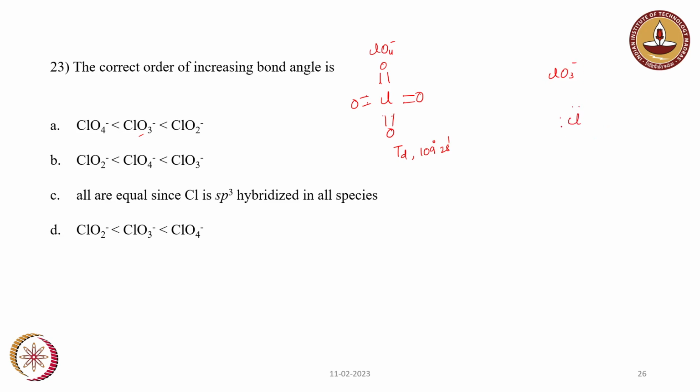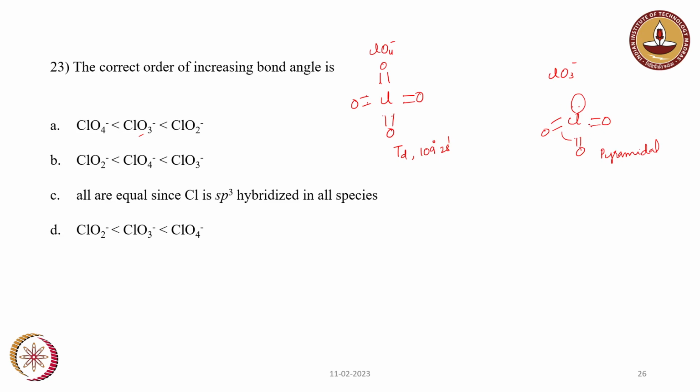So chlorine with 8 valence electrons because of this extra negative charge forms bonds with 3 oxygen. So 1 oxygen, 2 and 3. So one lone pair is present. So the structure is pyramidal, and the angle will be less than 109 degrees because the lone pair will have more repulsion than the bond pair.